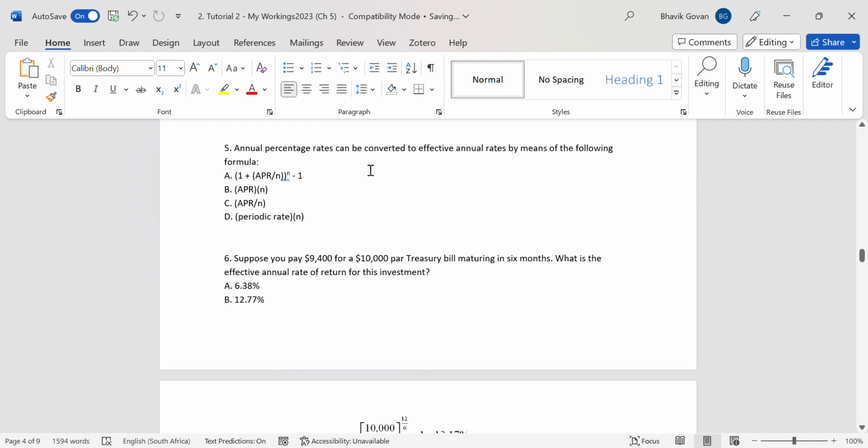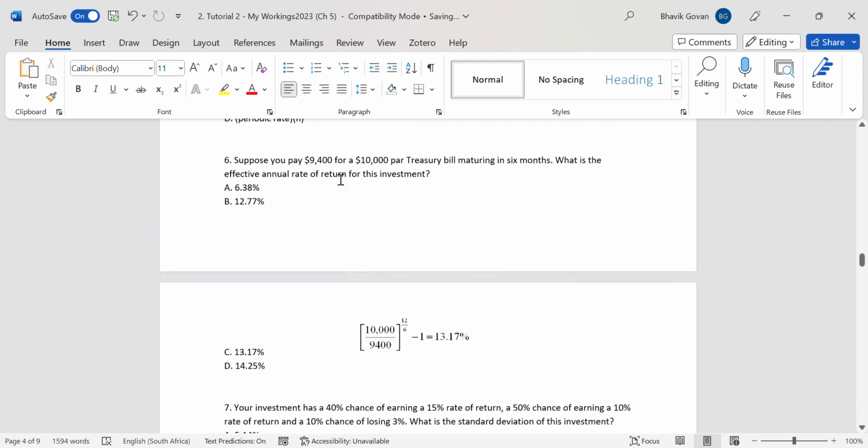The annual percentage rates can be converted to effective annual rates by means of the following formula. I think the only correct formula from this list is A. I'm not sure what the others are, but just remember all your formulas, guys.